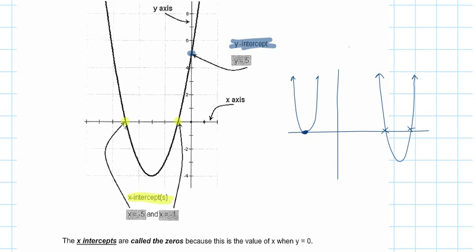How about if I graph something like this? How many times will it intersect the x-axis? None. So when we're talking about the x-intercept, we always have 3 cases. Either it's going to intersect the x-axis twice, once, or it's never going to intersect the x-axis. We'll talk about scenarios when this happens.